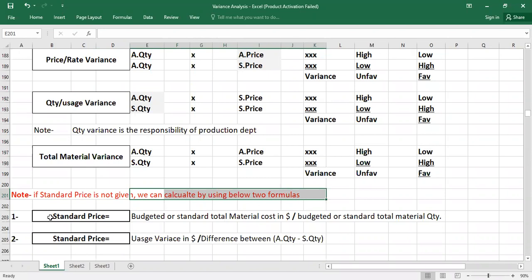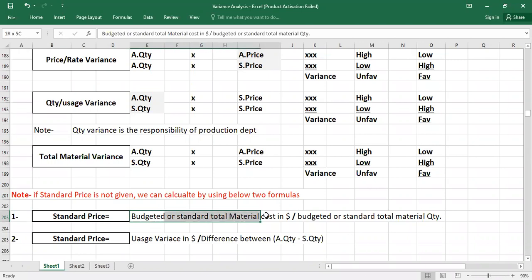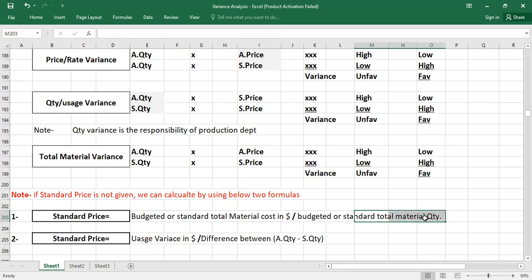The first formula to calculate the standard price is, we take budgeted or standard total material cost in dollars, and divide it by the budgeted or standard total material quantity. In short, we are taking budgeted cost as a numerator, and budgeted quantity as a denominator. If you divide the cost by the quantity, you will get the standard price.